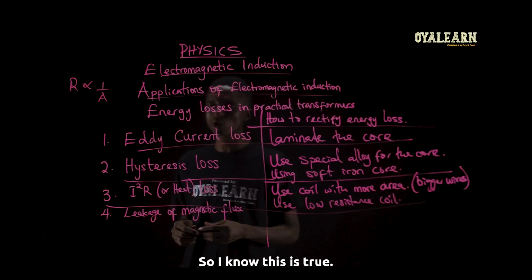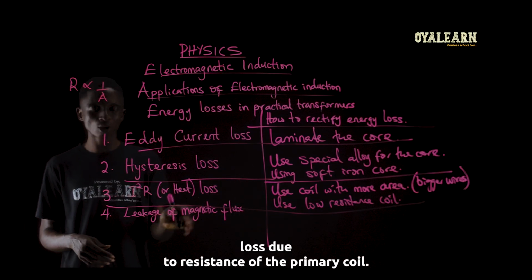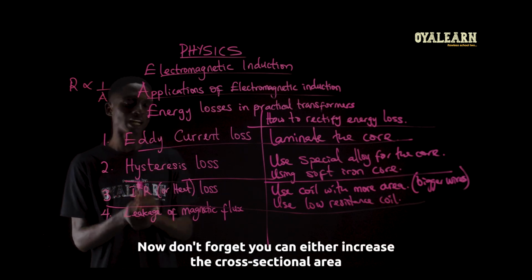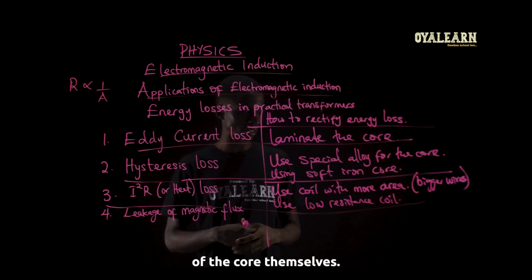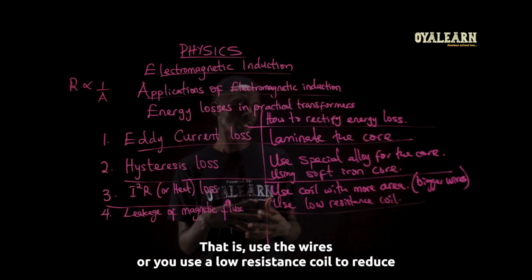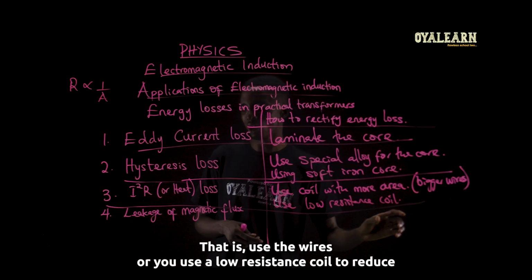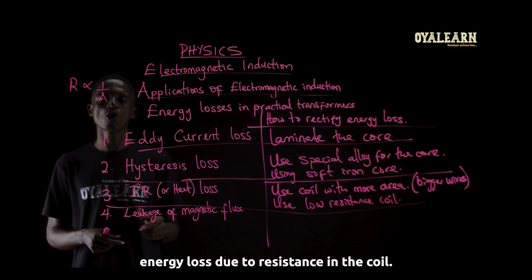So either of these two will help you to reduce the effect of heat loss due to resistance of the primary coil. Now don't forget, you can either increase the cross-sectional area of the coil itself, that is use thicker wires, or you use a low resistance coil to reduce energy loss due to resistance in the coil.